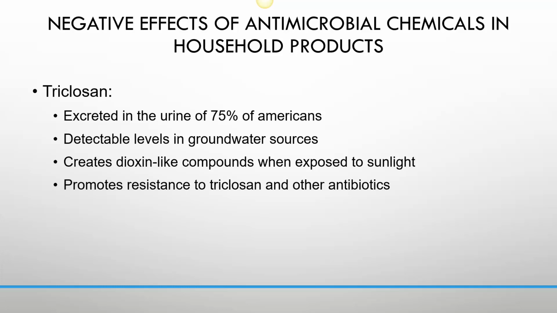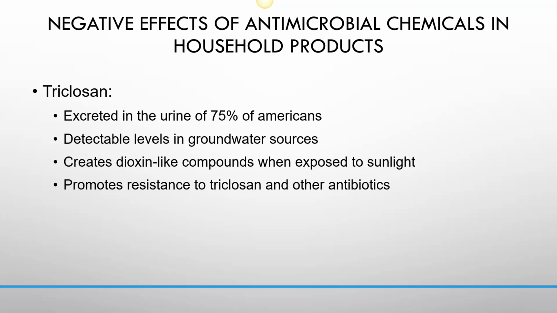Then triclosan. I mentioned triclosan previously, but something about triclosan: it's excreted in the urine of about 75% of Americans. It would be interesting to see where that statistic came from, or how they collected the urine samples from 75% of people in the United States. But anyways, there are detectable levels in groundwater sources, which means that animals are coming in contact with this. Any animals or wildlife that live in a natural body of water that come in contact with this now have that exposure.